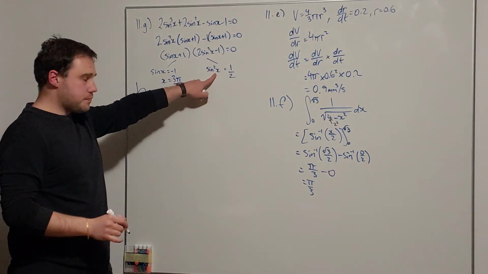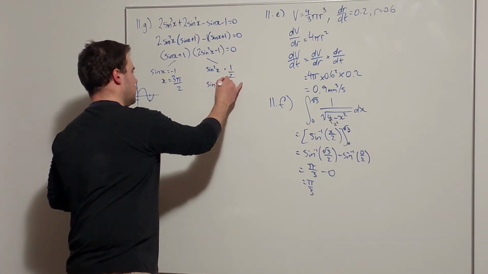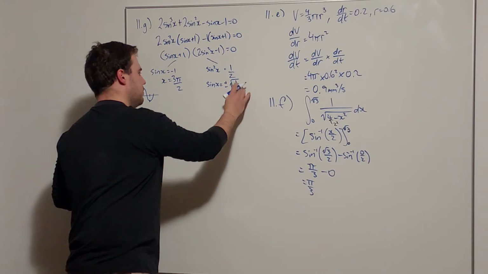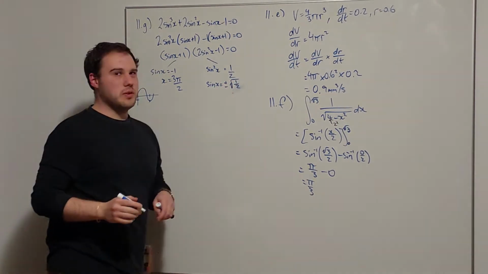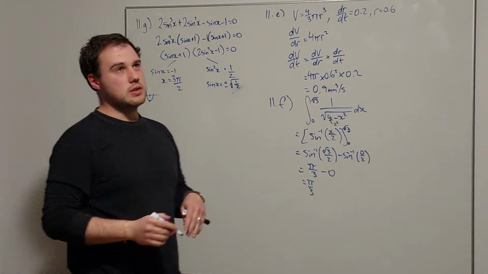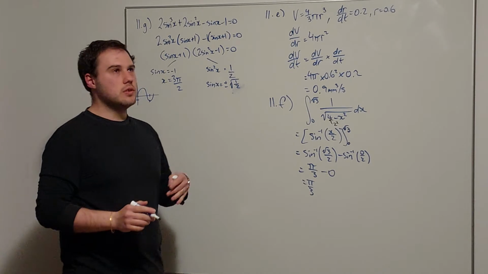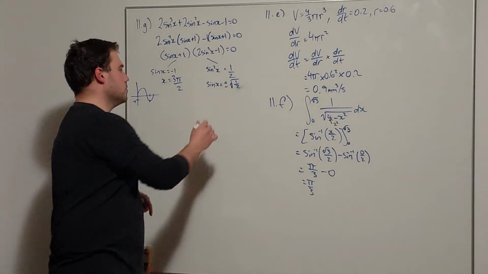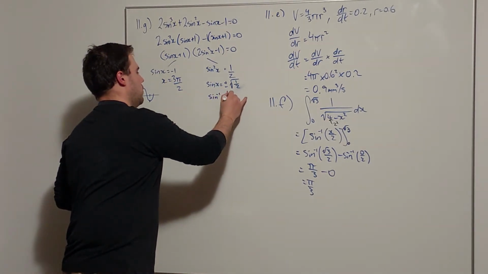And then here, the opposite of square is plus or minus square root. Oh, my brain got ahead of itself. So the square root of 1 on 2 is going to be the square root of 1 on the square root of 2, which is 1 on root 2.